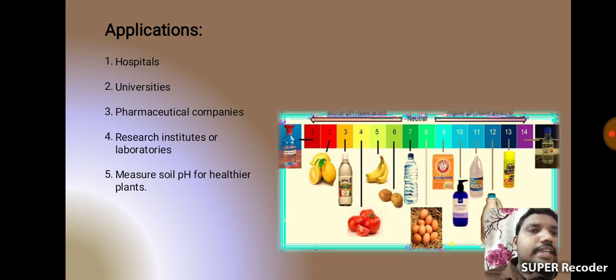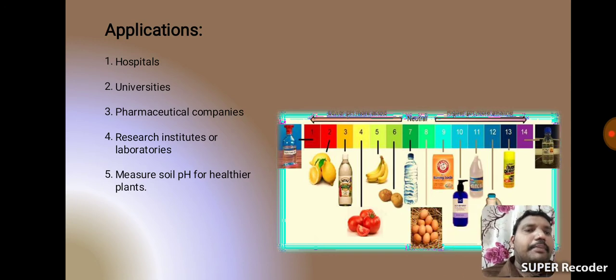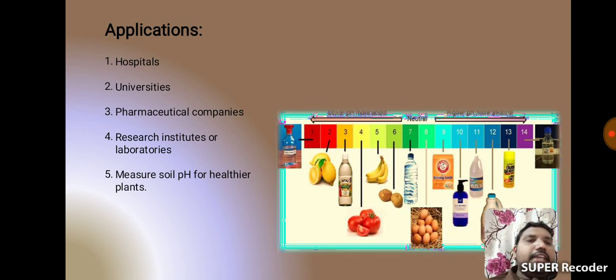Next, 10 is antiseptic liquid. Next, 11 is milk. Then 12, 13 and 14. These are similar examples of pH application.